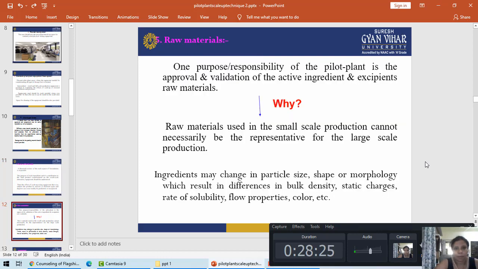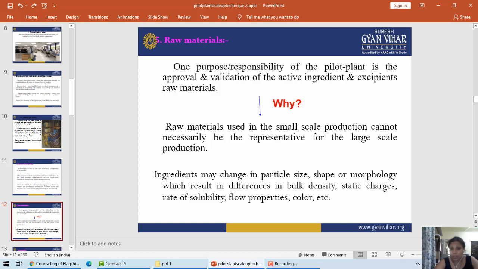Yes. Next is the raw materials. One purpose and responsibility of the pilot plant is the approval and validation of the active ingredient and excipients raw materials. Now why is this responsibility of approval and validation of active ingredient required?